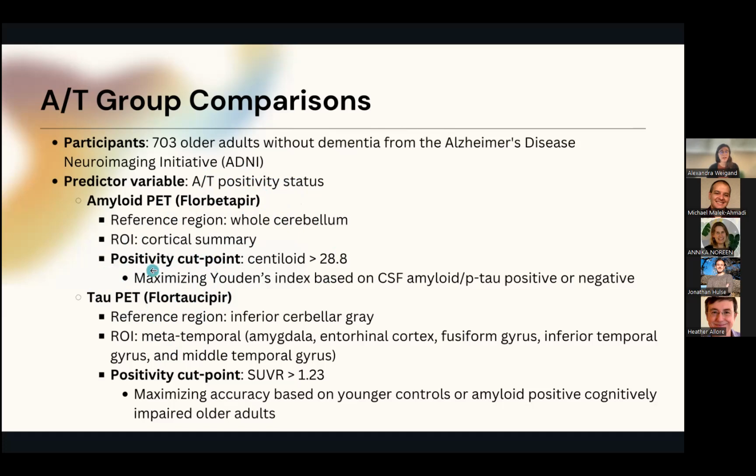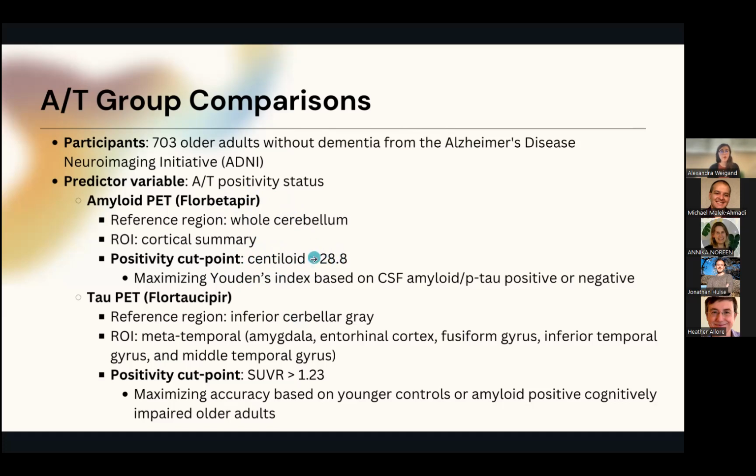Importantly, I selected some cut points from the literature for this study in order to determine amyloid and tau positivity. As I just talked about, selecting what cut point to use can have a huge impact on the rest of your group categorizations and resultant group comparisons. For amyloid, since florbetapir and florbetaben were combined, we used a conversion into a centiloid unit to standardize across those two tracers.